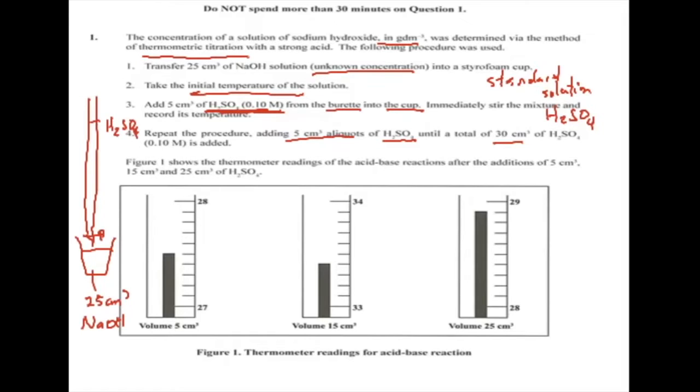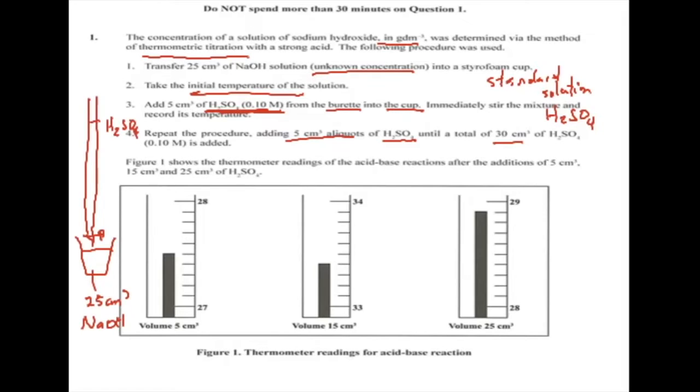So we're adding 5 cm cubes each time. Cm cube and mils, milliliters, can be used interchangeably. We're going to be adding 5 cm cube aliquots, and we're going to record the temperature each time, or at least that's what was done.